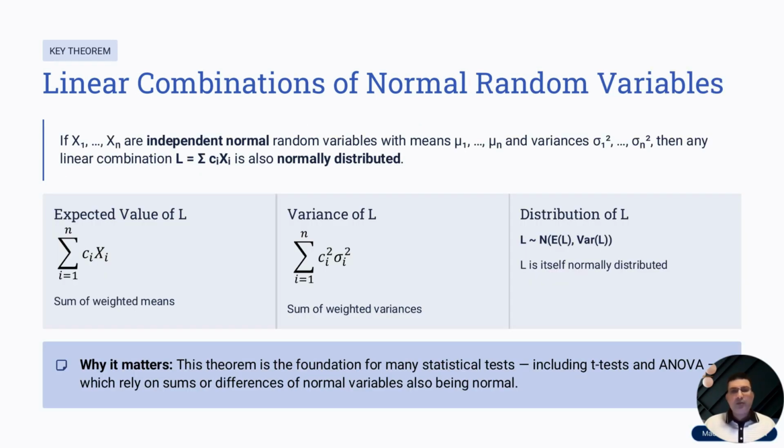Here's the really powerful result. If all those variables are normally distributed, then any linear combination of them is also normally distributed. That's a big deal because it's the foundation behind many of the statistical methods we use, like t-tests and analysis of variance. So even though this might feel a bit abstract, this idea is what makes a lot of our statistical tools actually work.